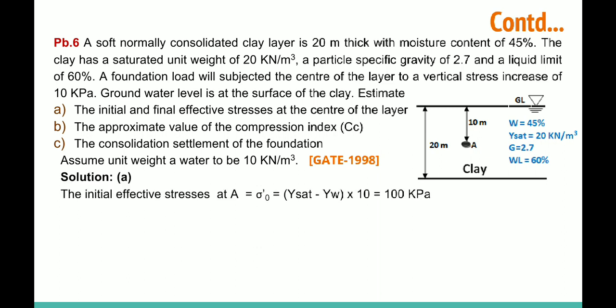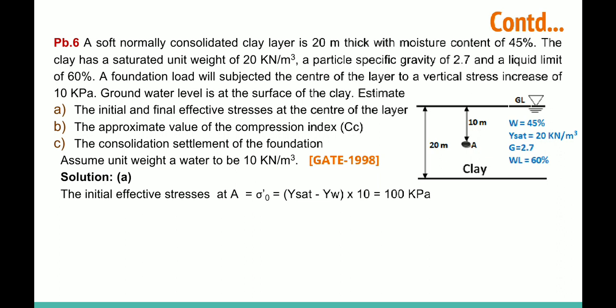Okay, so let's calculate the first part. We can calculate the initial effective stress at point A, that is 10 meter below the ground level, the middle of the clay layer. This clay layer is in submerged condition, so we calculate the submerged unit weight times the height. We can write gamma saturated minus gamma W, into 10, which gives 100 kilopascal.